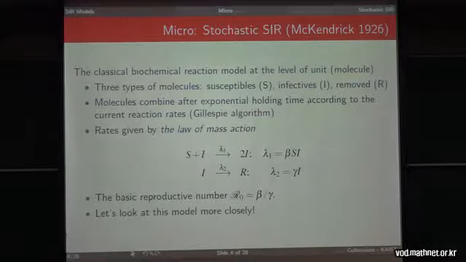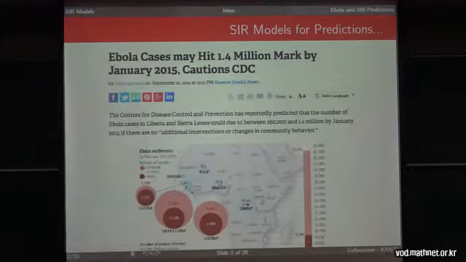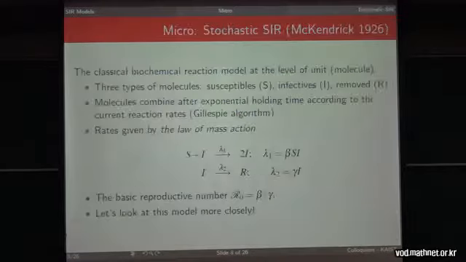So the idea here is that I will think about this process in terms of two reactions or interactions that will be happening at random times, that are basically equivalent to a movement of this discrete process to a different state.